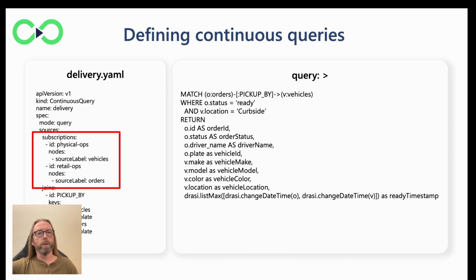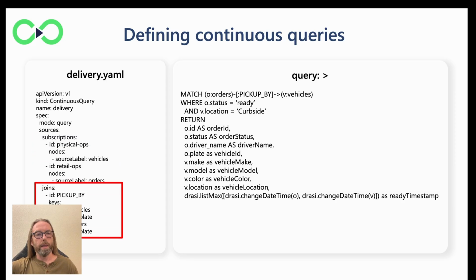So if we look at one section at a time, this is saying this query needs to subscribe to a source called physical ops, and it's going to get nodes with the label vehicles from there. Next, it's also saying it wants to subscribe to the retail ops source, and the nodes it's going to get from there are the nodes with the label orders. So vehicles is coming from one database, orders is coming from the other database.